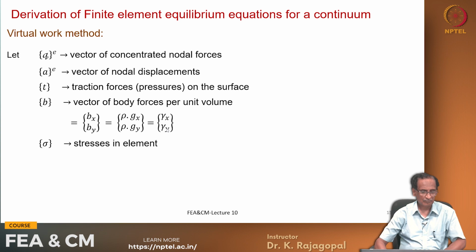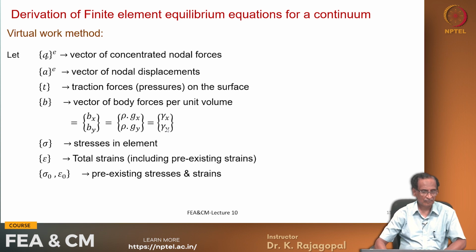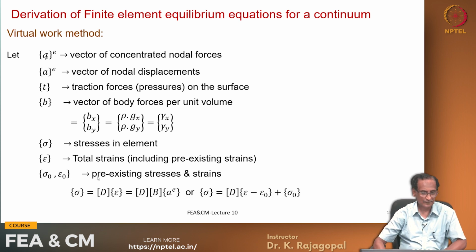And the stresses in the element are sigma, and let us say epsilon is the total strain including the pre-existing strains, and sigma naught and epsilon naught are the pre-existing stresses and strains.